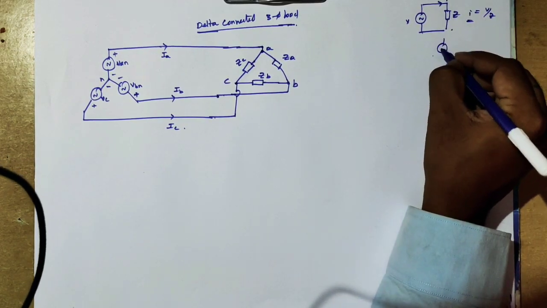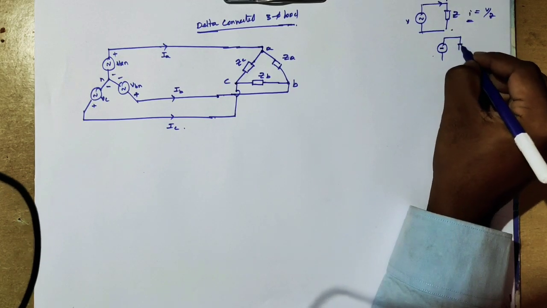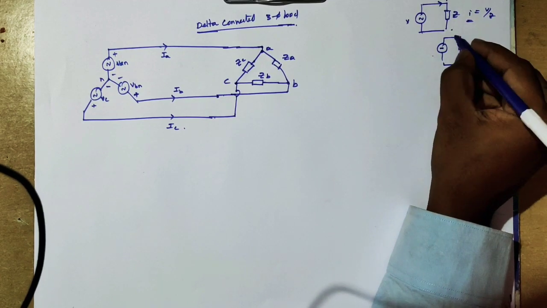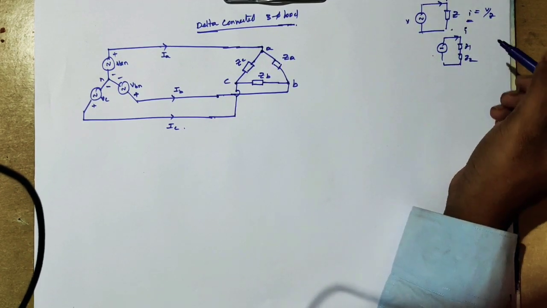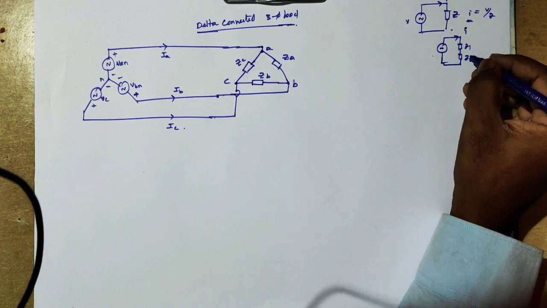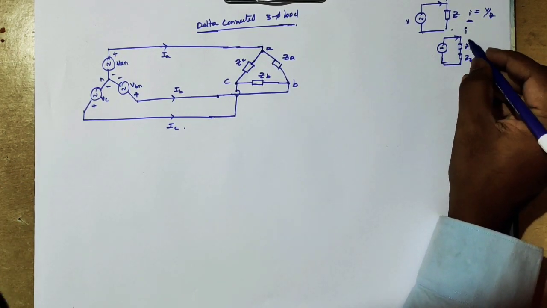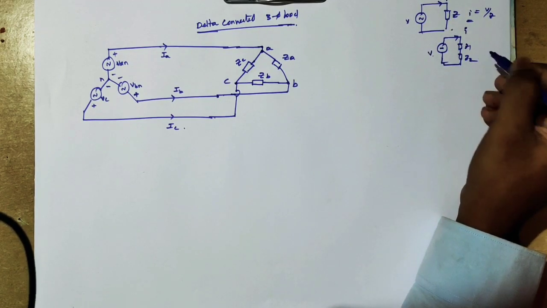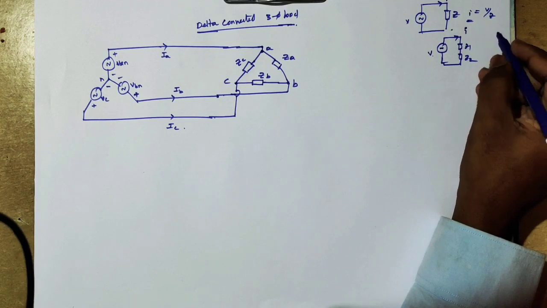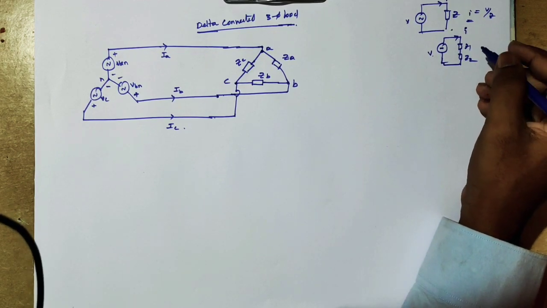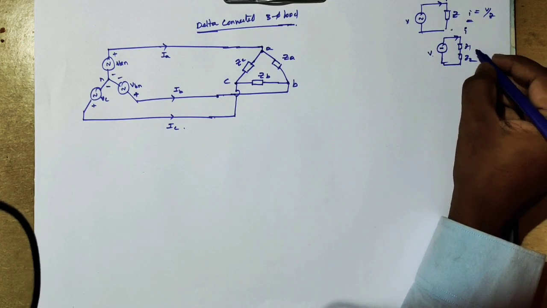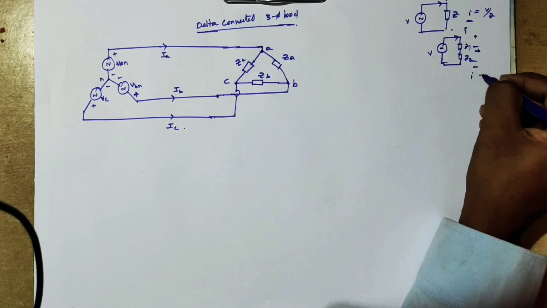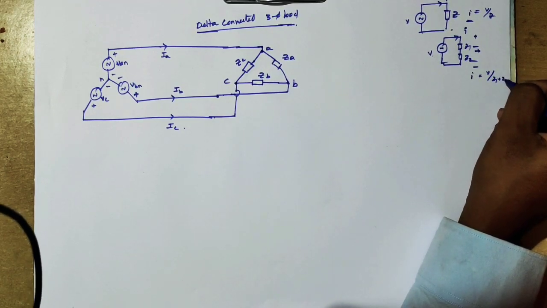For example, if you have two loads connected, Z1 and Z2, and current I is flowing, and you want to find the current I, you know the voltage source and you know Z1 and Z2, how will you find it? Generally we find it as V divided by Z1 plus Z2.